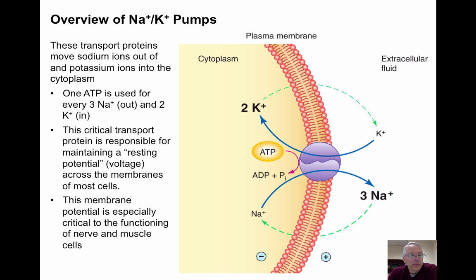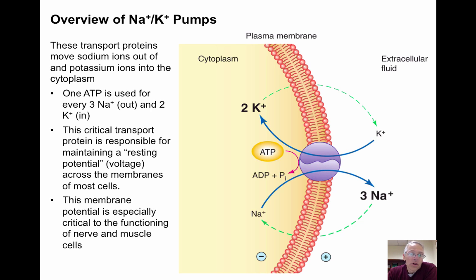And these are the pumps that take sodium ions from the cytoplasm and pump them out, and they pump potassium ions from the extracellular fluid into the cell.